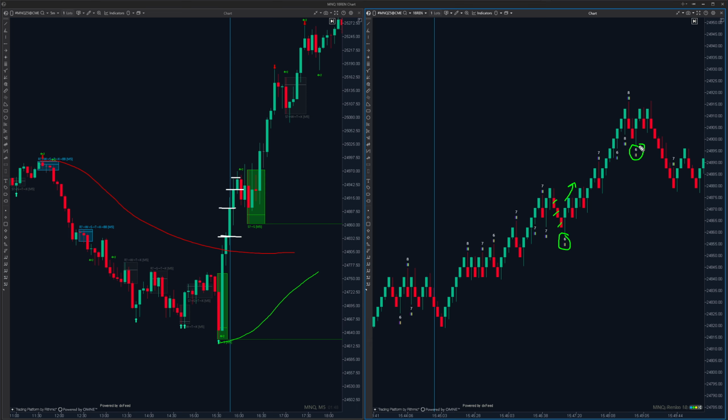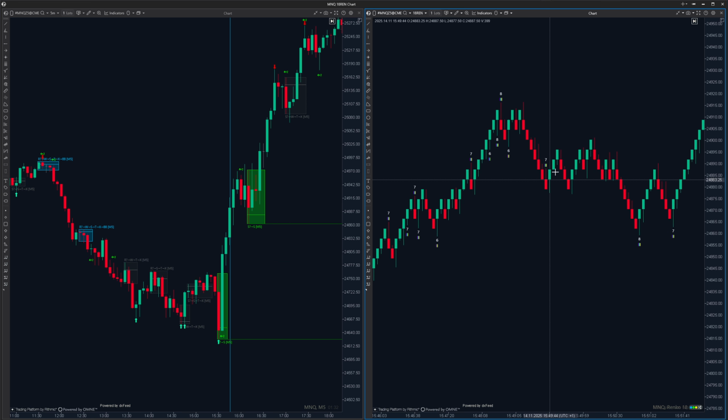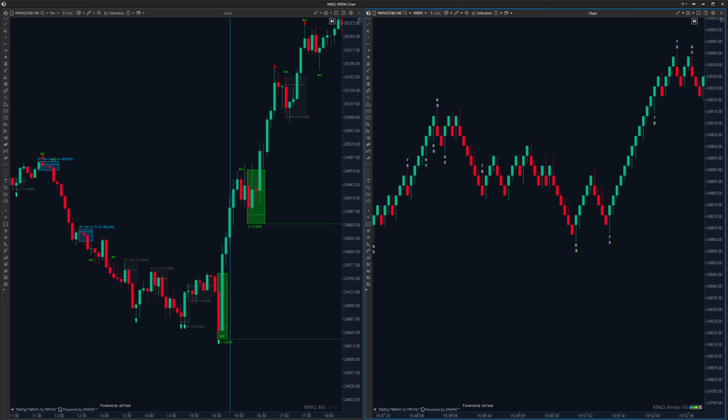You can enter here with a stop loss because of 1, 2 candles. Oops, I deleted everything. Okay. Now, this is your entry. You can count. We were 2R plus minus 1R.